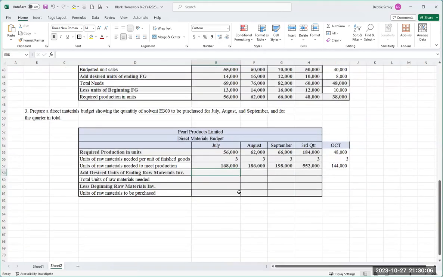So here are my production needs, and I'm going to make a cell here that is 0.5, which is 1/2. I take the following month's production needs times 1/2, and that's what I desire my ending raw materials inventory to be. Again, that was the following month's production needs times 0.5, or half.